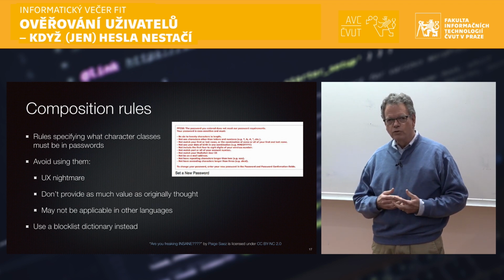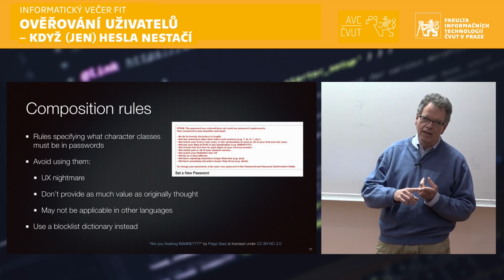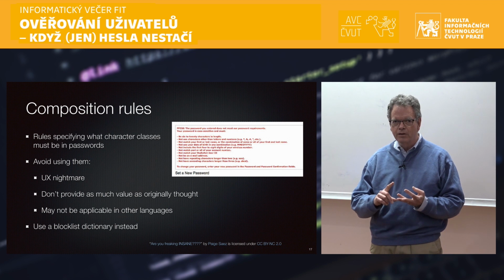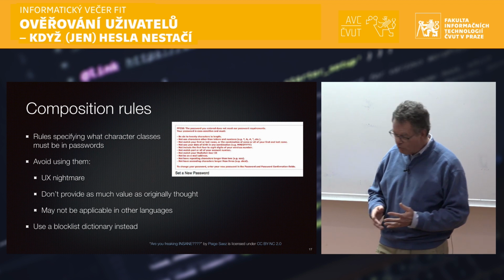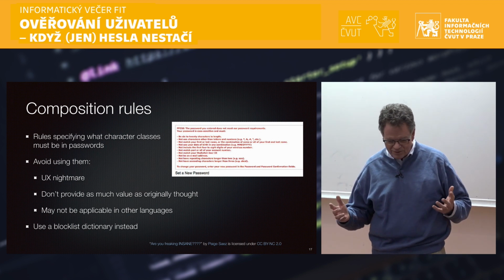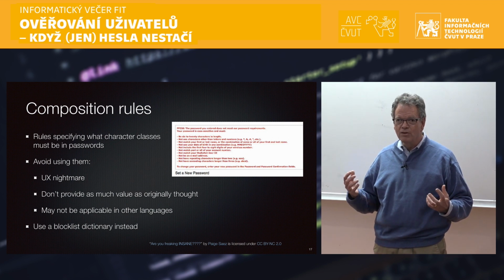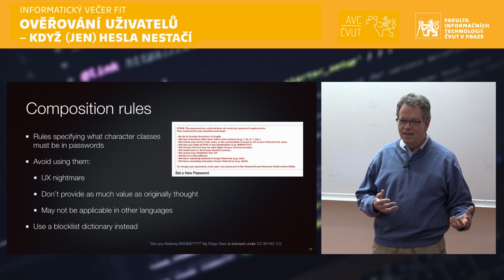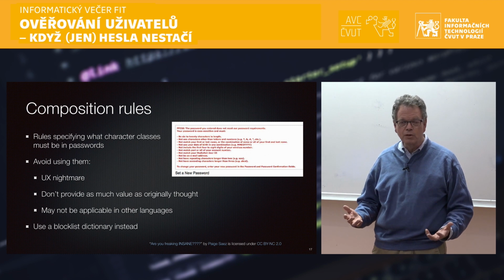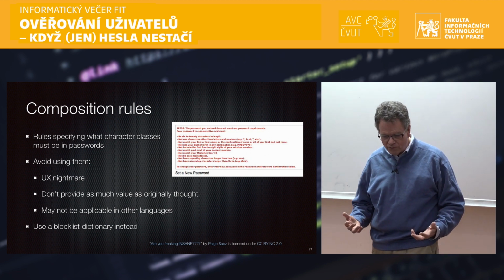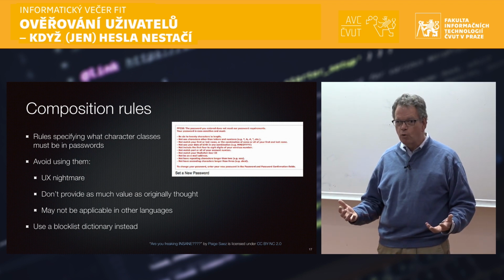So composition rules are what we refer to as these rules that say you have to have an uppercase character, a lowercase character, a digit, a special character, all of those things. Look at this list of rules here. There's all these things that you need to keep track of, and I've actually had trouble. I got a new bank account recently, and I had to register with the bank. And I had the worst time trying to come up with a password that was acceptable. Part of the reason was that they only accepted certain special characters, and their website told me the wrong ones.